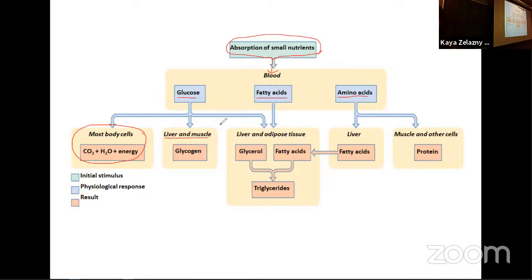Now, some of that glucose in the liver and also in the adipose tissue, so in the fat, is going to be used to get us some glycerol so that we can make triglycerides, our fats. We need that glycerol backbone. Glycerol is technically a carbohydrate, but overall a triglyceride is a lipid because we tack on those fatty acids.